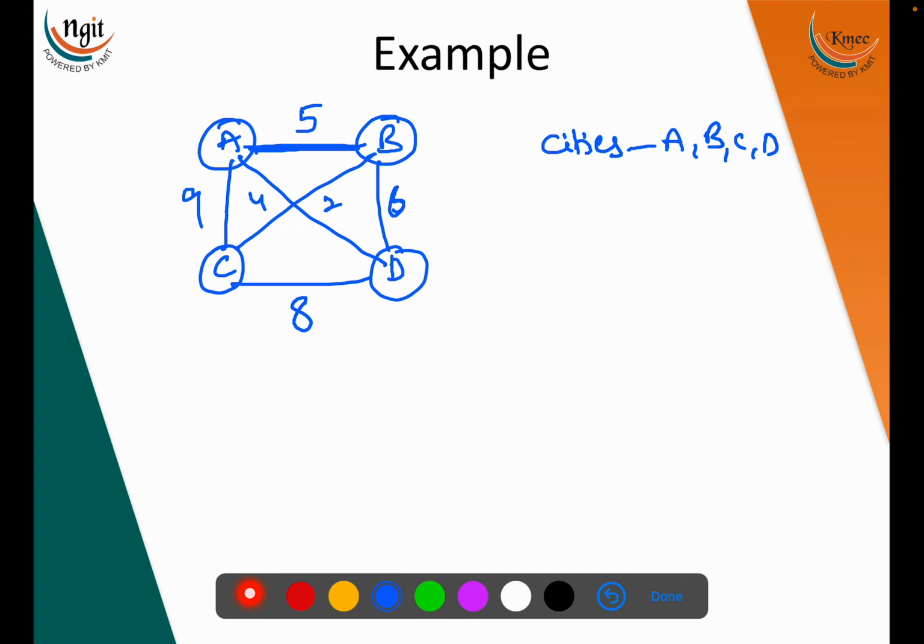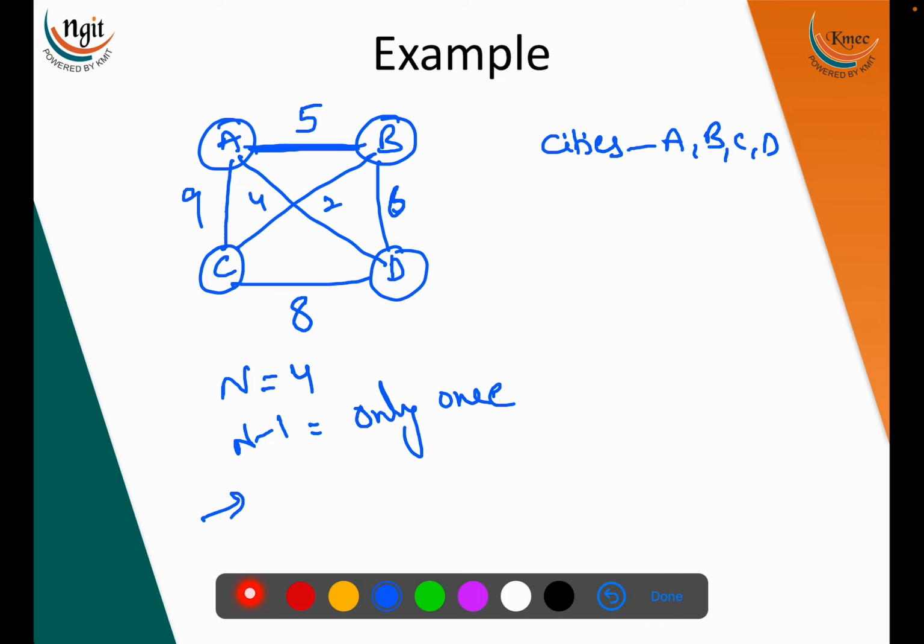Now he wants to visit all the cities. How many cities do I have? What is the n value? n is my total cities, so n is equal to 4. How many cities does he have to visit? n-1 cities, and only once each. Once he has visited a city, he should not go back to it.